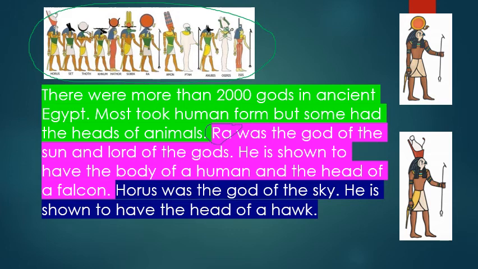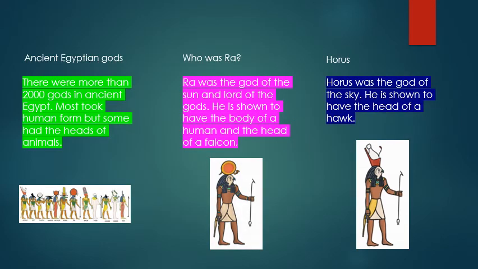He is shown to have the body of a human and the head of a falcon. So that paragraph was all about this god over here, Ra. Horus was the god of the sky. He is shown to have the head of a hawk. Okay, and this blue one, or these two statements, were all about Horus there. So it's 3 separate topics. So they should have been split into 3 separate paragraphs. And that would look something like this.